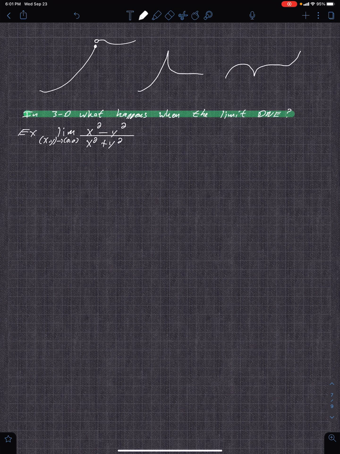And so if you're not sure how to find the limit or can't prove what it is somehow, then maybe the limit doesn't exist. And in many cases, I'll ask you to show that a limit doesn't exist. So the concept is you approach the limit point on different paths.